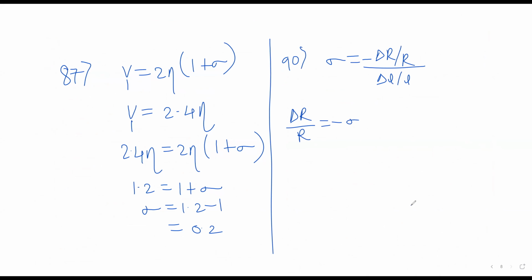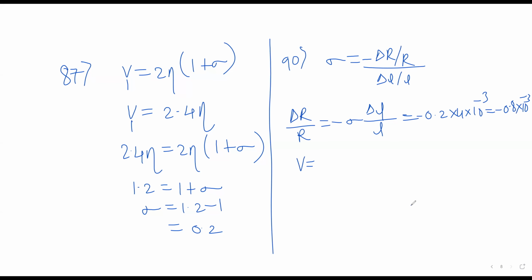Or you can write this one as delta R by R is equal to minus sigma into delta L by L. ಸೊ ಈ ವ್ಯಾಲ್ಯೂ ಸಬ್ಸ್ಟಿಟ್ಯೂಷನ್ ಮಾಡ್ರಿ, minus 0.2 into 4 into 10 to the power of -3 is equal to minus 0.8 into 10 to the power of -3 ಅಂತ ಆಗುತ್ತೆ.